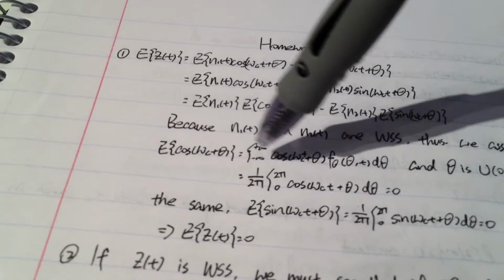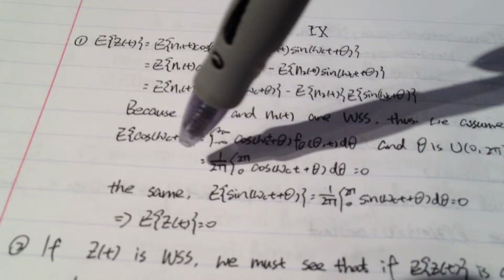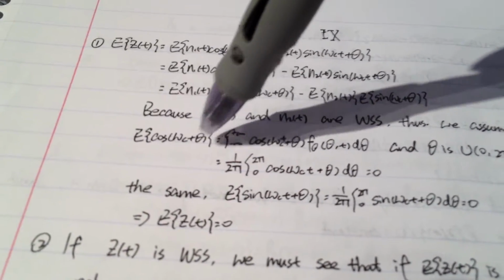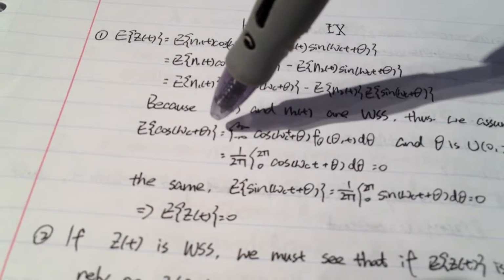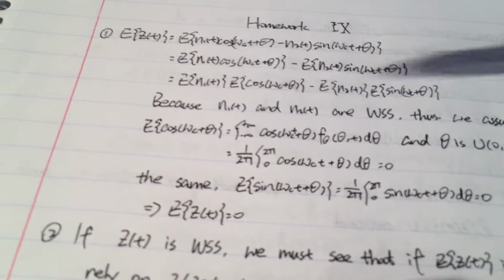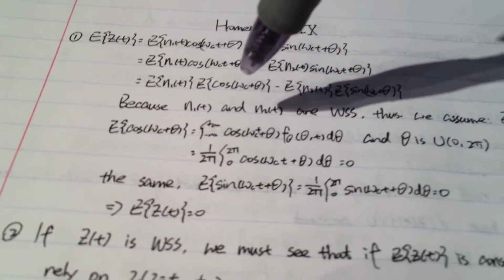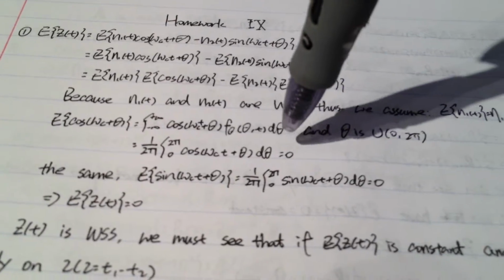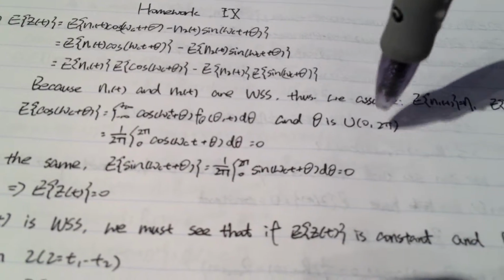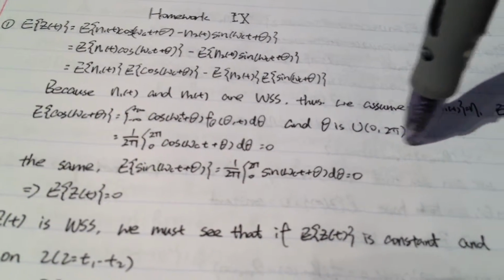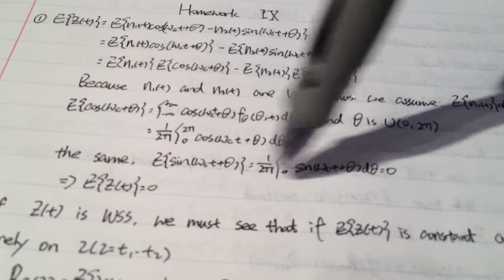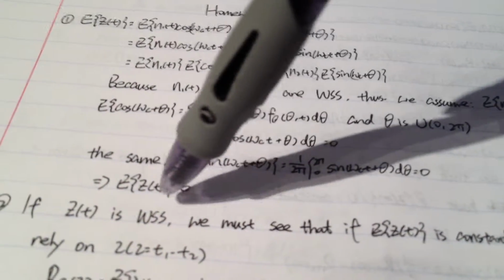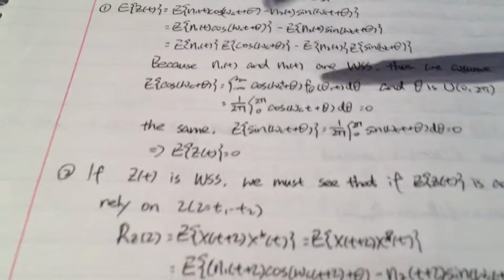And according to the definition, we can calculate that the mean of cosine omega c t plus theta should equal 0, because theta is from 0 to 2 pi, and the same, the mean of this part should also be 0, so that the mean of zt equals 0.